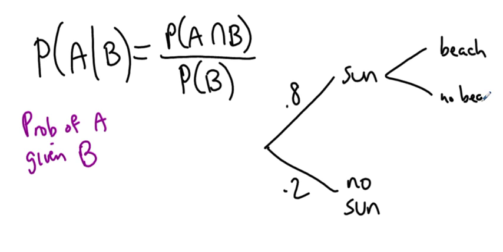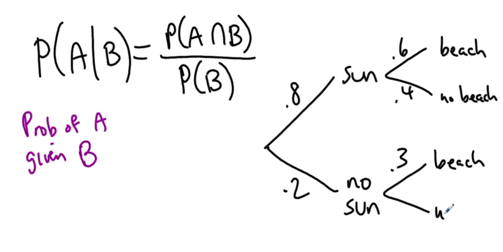Of course, you may not go to the beach, but if the sun shines, you're definitely going to the beach much more often. Let's say you go to the beach 60% of the time when the sun shines. It's 40% of the time you don't go to the beach if the sun shines, you do something else. Similarly, if there's no sun, you might go to the beach because nobody's there, but that's kind of rare. More often than not, if the sun doesn't shine, you don't go to the beach. It's kind of the way that goes.